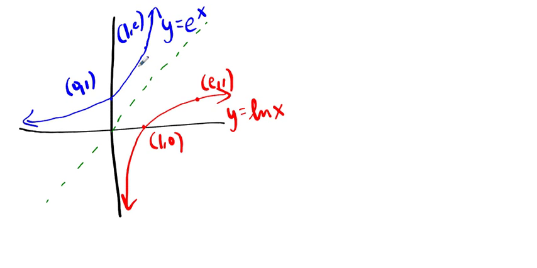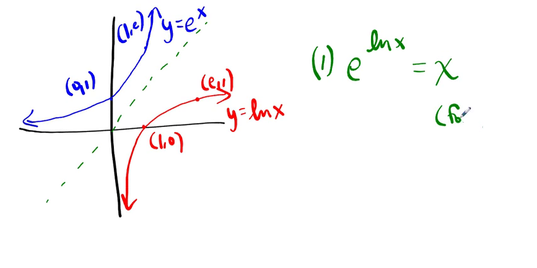So because the exponential function and the logarithmic function are inverses of each other, there are some consequences. One that's really important to remember is that e to the ln of x is x for positive x's.